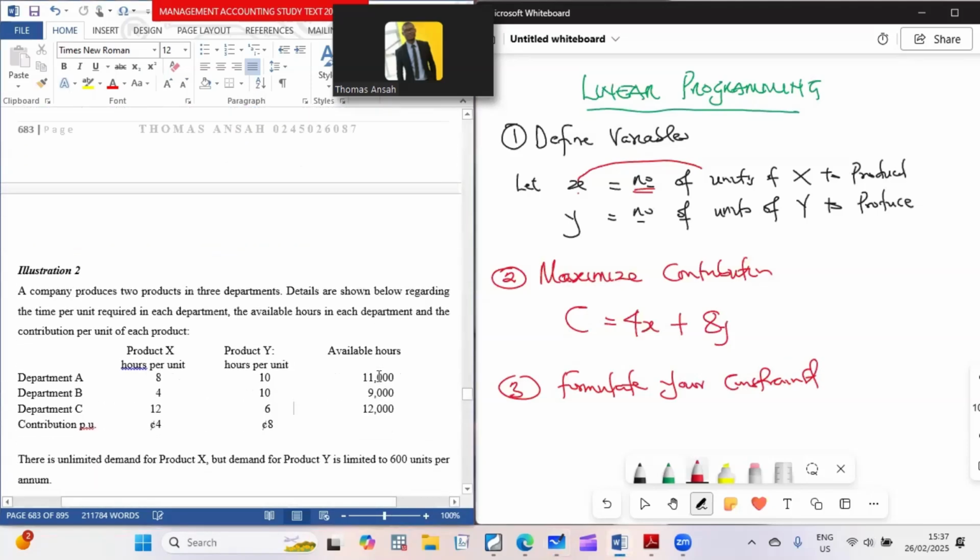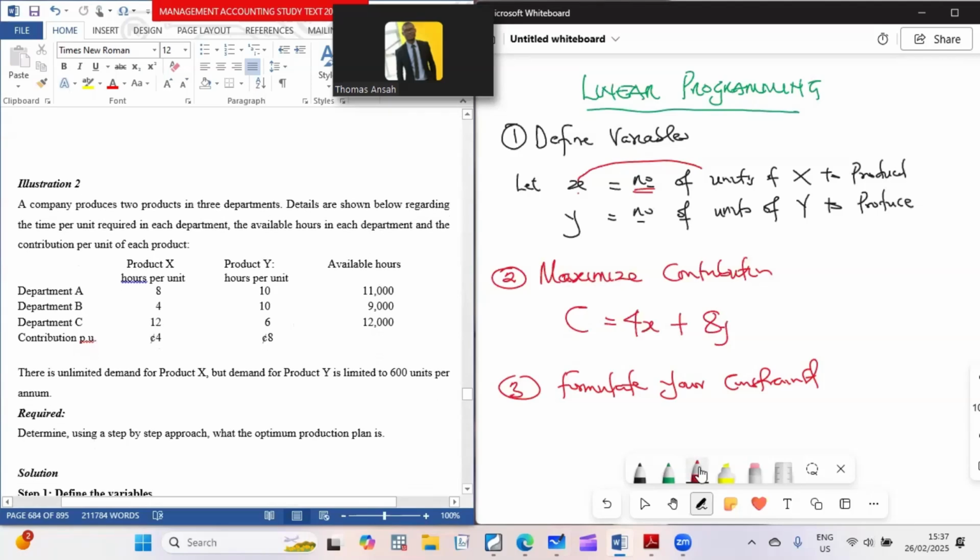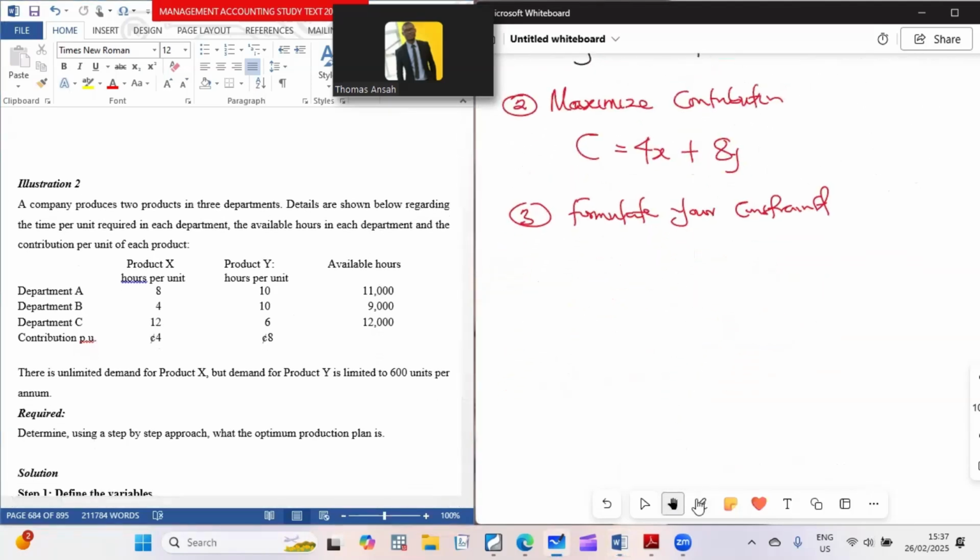Okay, so in formulating your constraints, we have 3 departments. So here we have department A. Now in department A, what is our constraint? Our constraint is simple. We have 8 hours and 10 hours for production.